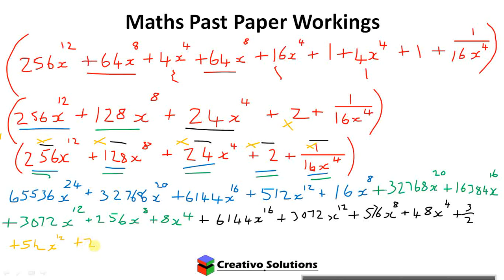Plus 2 times 128 is 256, x to the 8. 2 times 24 is 48, x to the 4. 2 times 2 is 4. That's an important one because I'm looking for constants. Okay, and then plus 1 over 8 x to the 4.